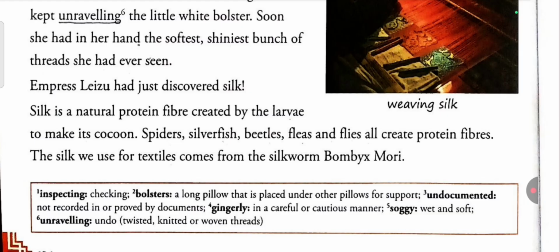Silk is a natural protein fiber created by the larvae to make its cocoon. So what is silk? Silk is a natural protein fiber which we take out from the cocoon, and the cocoon is made by the larvae. Now let's understand the cycle of silk thread.